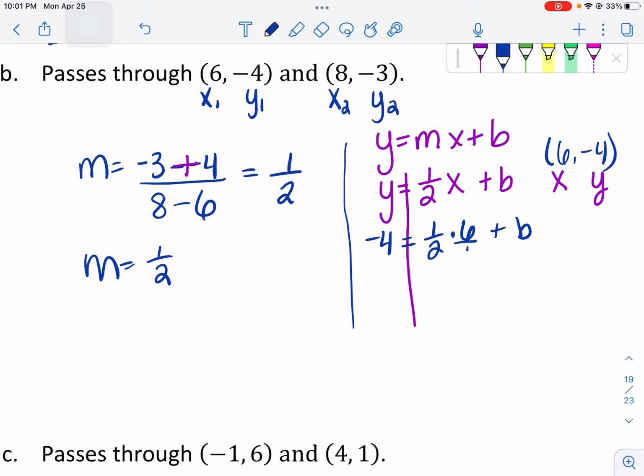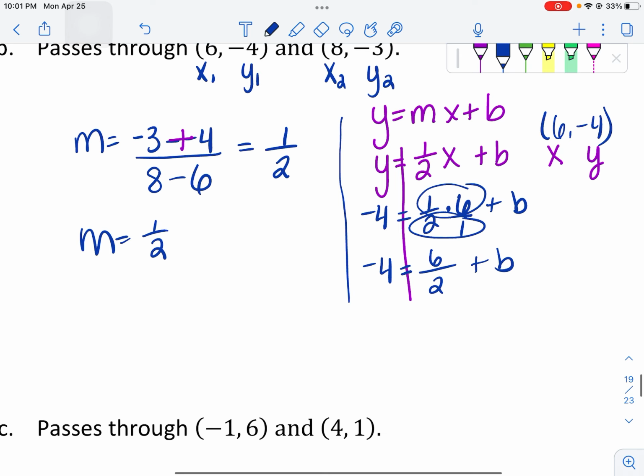And then I'm going to go ahead and make that 6 over 1 so I can multiply it by a fraction. That's going to be negative 4 equals 1 times 6 is 6, 2 times 1 is 2. So 1/2 times 6 will be 6 over 2, which reduces to 3, and half of 6 is 3, so that makes sense.